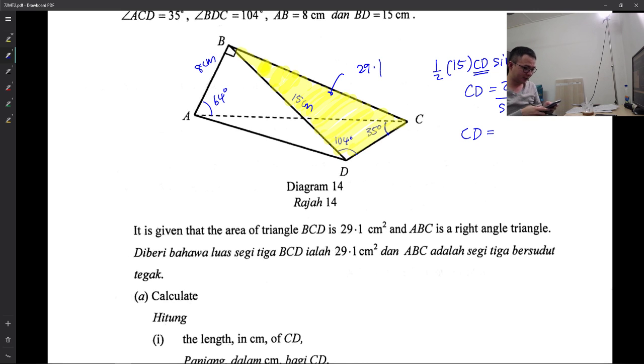Oh my god. 291 divided by sine 104 divided by 15 times 2. Did I do anything? Oh, I forgot to change my calculator to degrees.